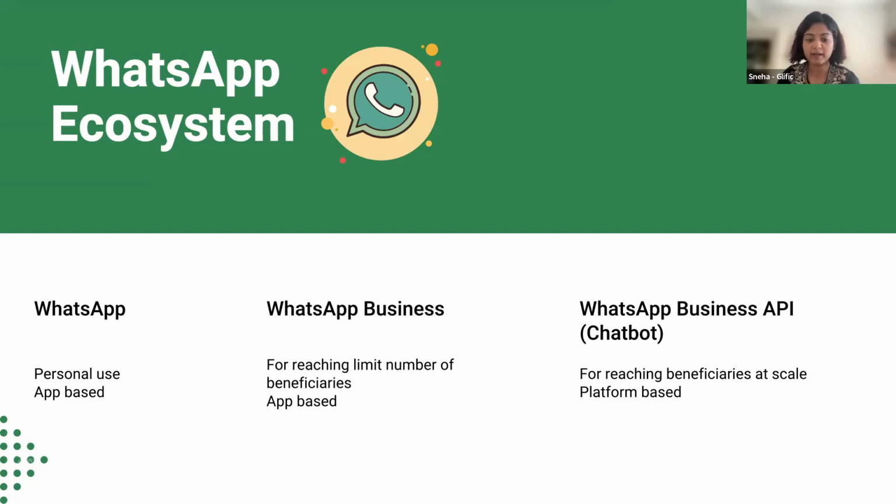The next one, the WhatsApp chatbot, is a platform-based service, which has the potential to reach n number of beneficiaries through the platform. So that's what a chatbot is all about.